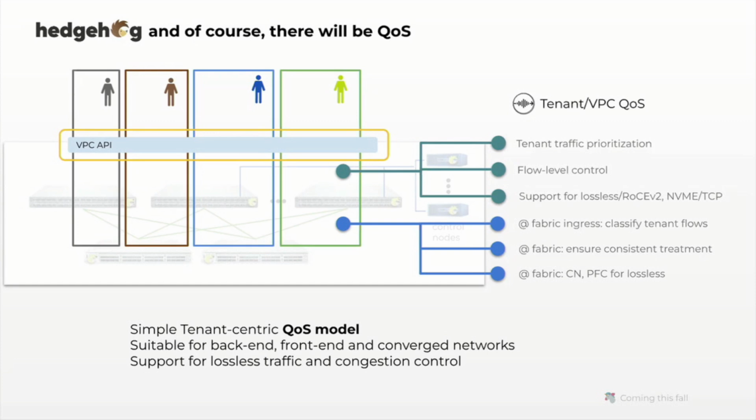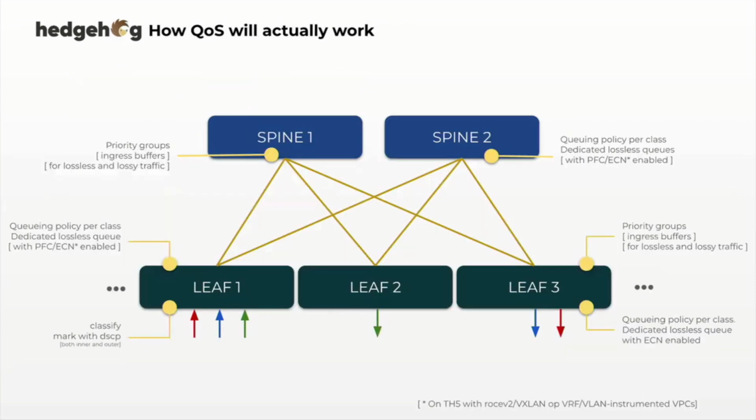At the fabric ingress, as you're entering the fabric, we classify tenant flows and assign the priority to them. The rest of the fabric is then honoring the priority of the traffic. The way it works, you get in, you mark with DSCP, we mark both inner and outer packet, and then in the rest of the fabric you just honor it and assign resources accordingly.